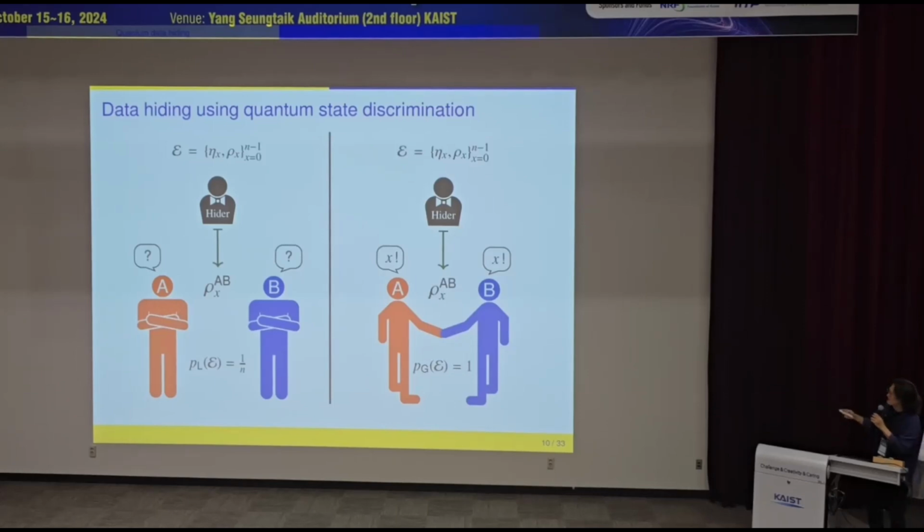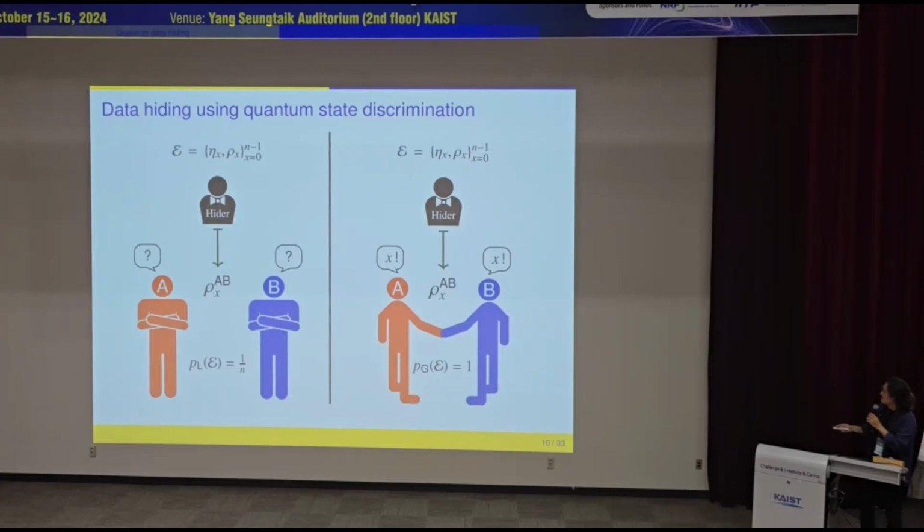So in the language of state discrimination, P_G of the ensemble must be 1. Okay? So to construct this kind of quantum data hiding scheme, we need to find some state ensemble satisfying these two conditions.